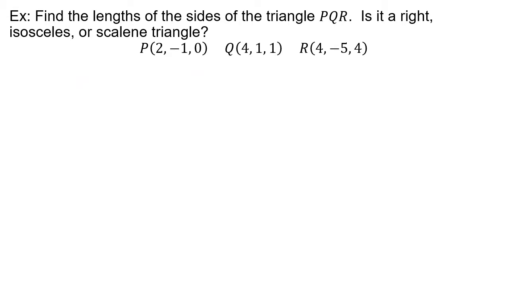So let's do another one. And we'll do that same process again. We'll do the same thing, PQ, PR, and QR. So starting with PQ. That is 4 minus 2 squared, 1 minus negative 1 squared, and 1 minus 0 squared.